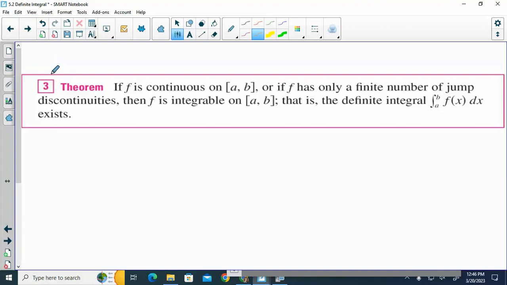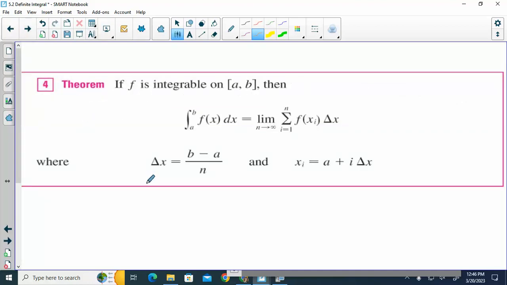All right. So our theorem is just telling us if you have a continuous function, then we can find the integral, or we can integrate it. If it has some jumps, as long as it's a set number of jumps, we could calculate each of those little areas. So as long as our function is continuous, we can do the problem.